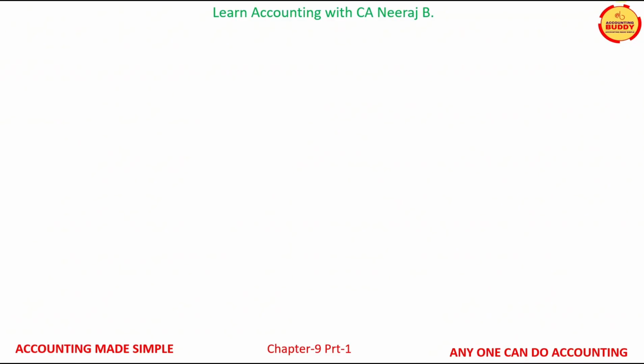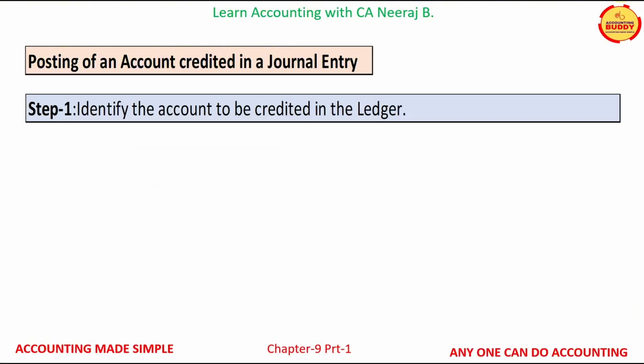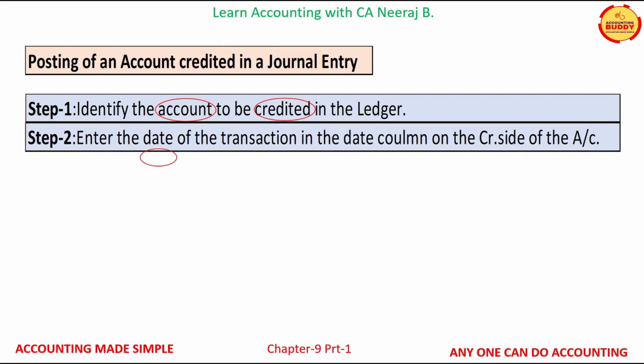In this slide, we will learn the steps involved in posting an account credited in the journal entry. Step 1, identify the account to be credited in the ledger. Step 2, enter the date of the transaction in the date column on the credit side of the account.